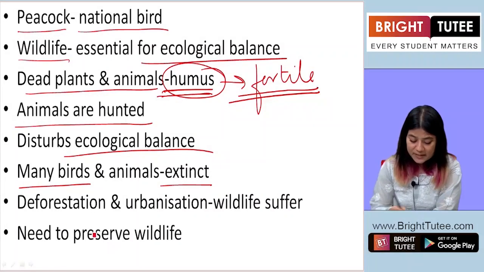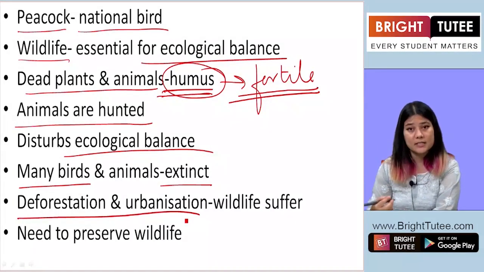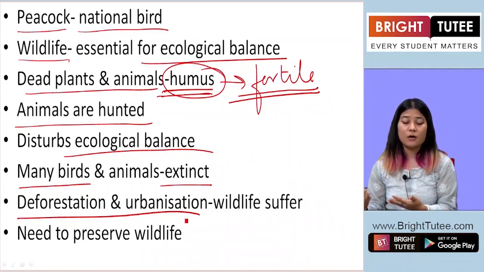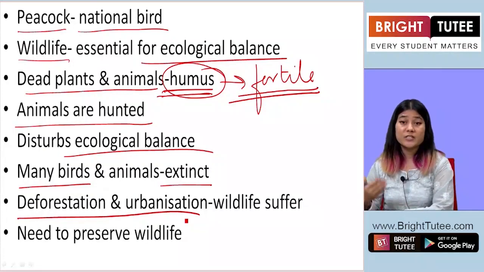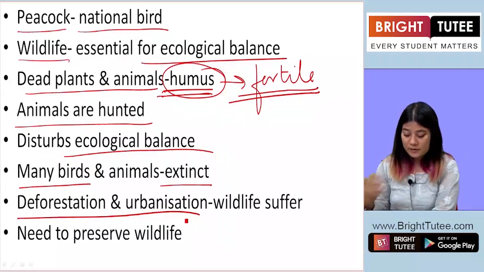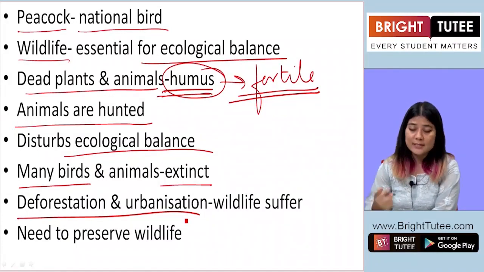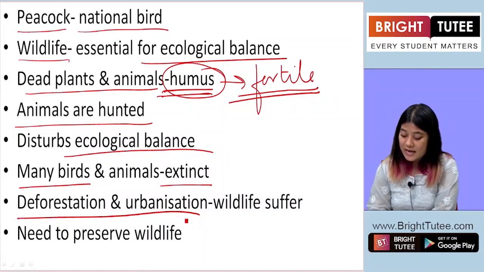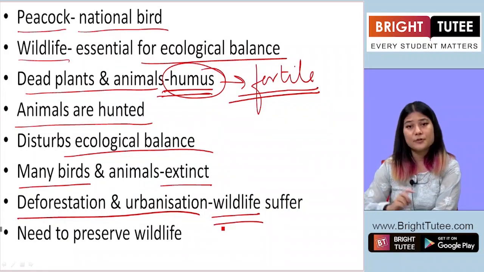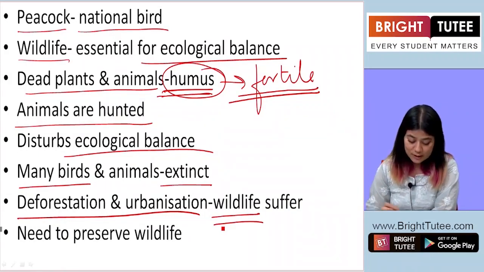Apart from this, deforestation and urbanization, which are conducted by us human beings, are also causing disturbances to the ecological balance, polluting the environment, and causing harm to the wildlife as well as the vegetation.